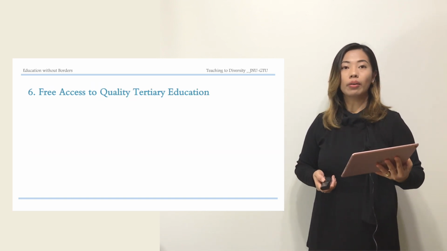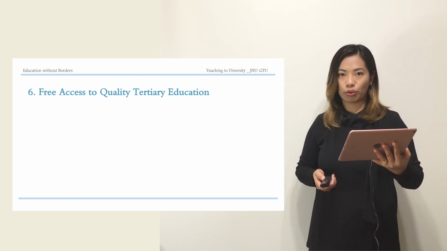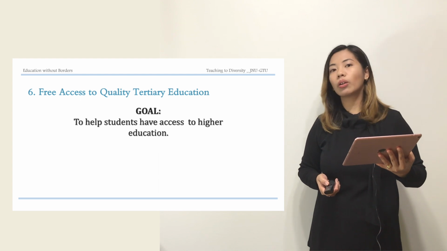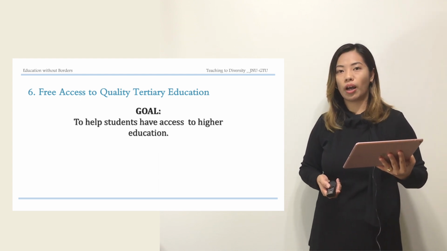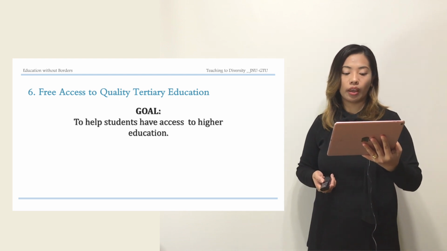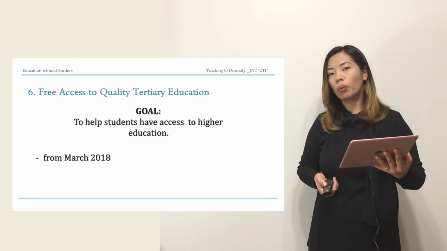Okay. Another way is free access to quality tertiary education. What is the goal of this program? It is to help students access higher education, and it was implemented as of 2 years ago. And what is it for?